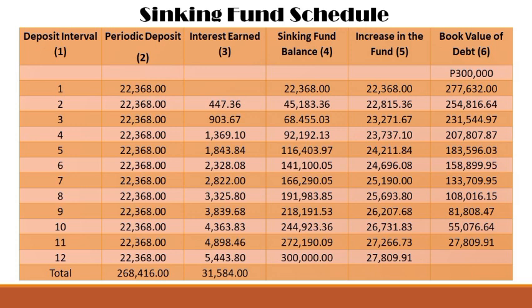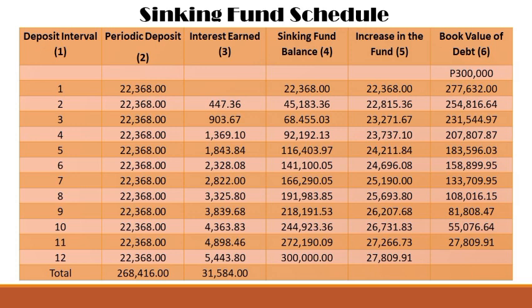Next is we have the column 5. This is equal to the difference between the current fund balance and the immediate preceding balance. Hence, on the second deposit period, the increase in the fund of 22,815 pesos and 36 centavos is equal to the difference between 45,183 pesos and 36 centavos and 22,368 pesos.